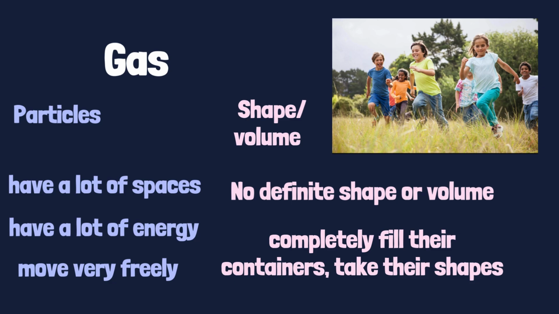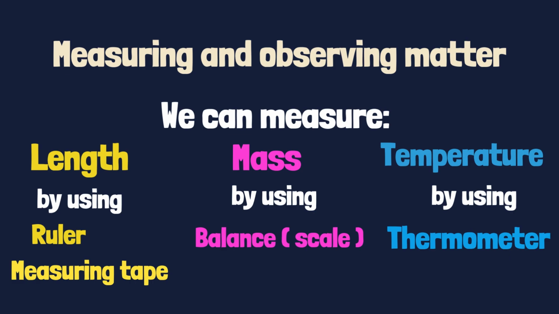Now after we observe the matter, and we know that the matter is made up of particles and they are in continuous motion, and we saw the particles of each state, now we can talk about how to measure the matter. We can measure its length by using the ruler or measuring tape.